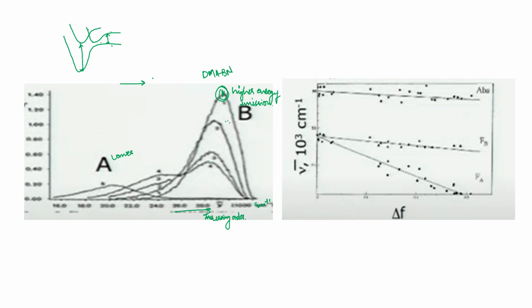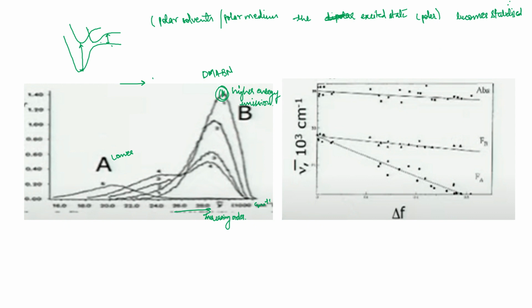So because of this polarity, or because of this twisted intramolecular charge transfer, that too in polar solvents, the excited state becomes stabilized.